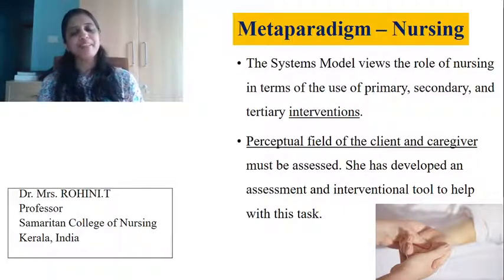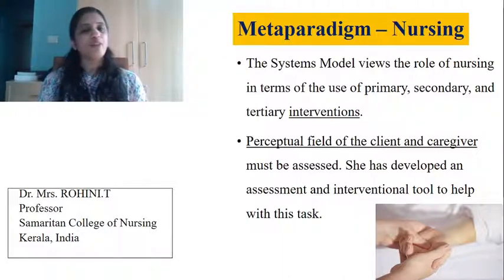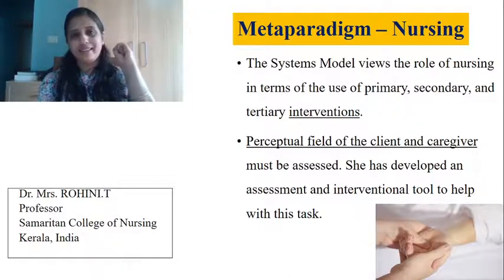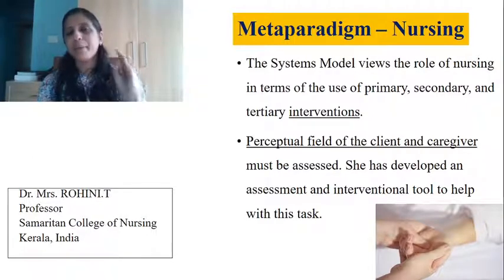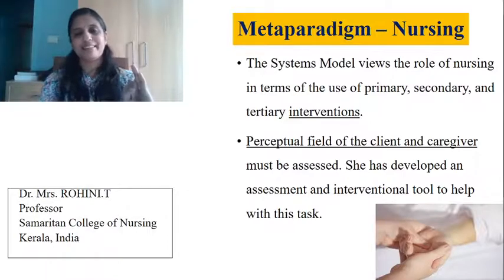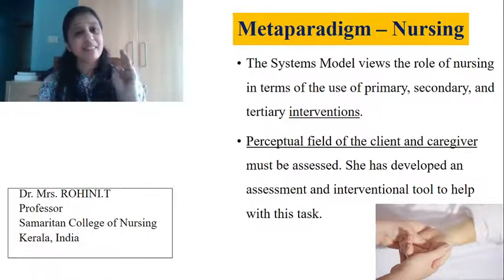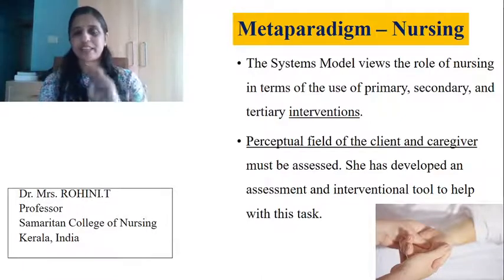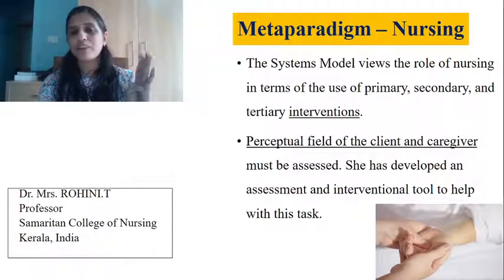So with that, we complete the metaparadigm. The 4 metaparadigm concepts: number 1, the patient: open system, 5 variables. Number 2, environment: 3 types of environment, 3 types of stressor. Number 3, health: stability, wellness, continuum, wellness, illness. What is wellness? What is illness? Number 4, nursing. What is the role of nursing?